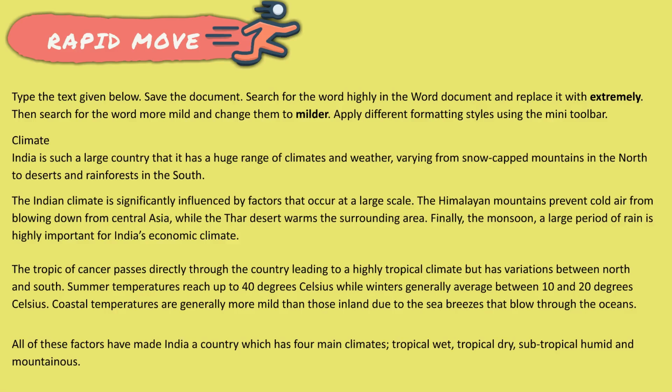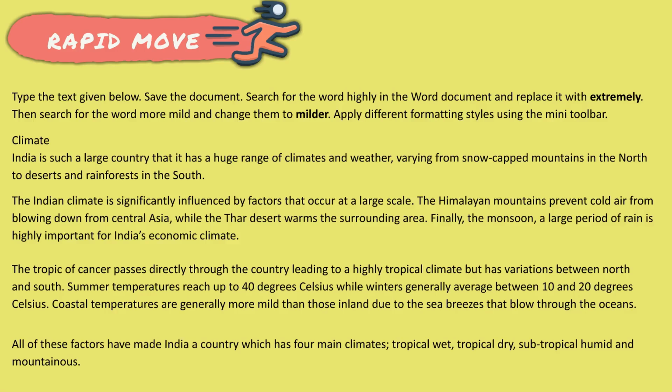The Tropic of Cancer passes directly through the country, leading to a highly tropical climate, but has variations between north and south. Summer temperatures reach up to 40 degrees Celsius, while winters generally average between 10 and 20 degrees Celsius.